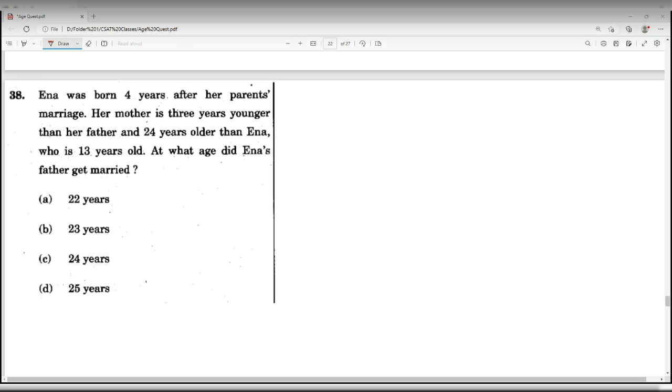We have 10% for A, 60% for B, 20% for C, and 10% for D. If you want to vote, you can still vote. Okay, we'll solve the question now.